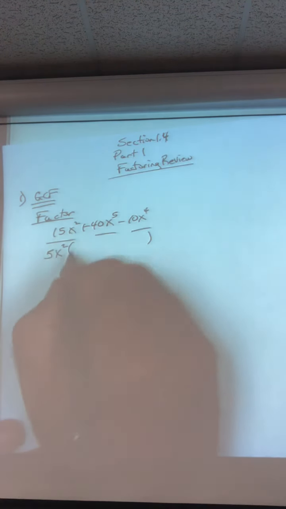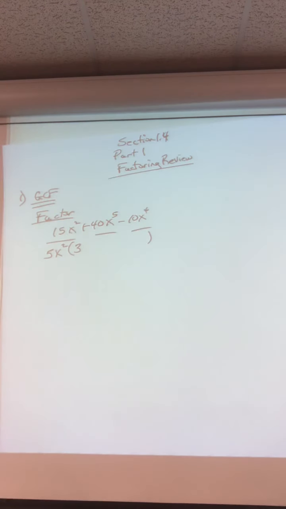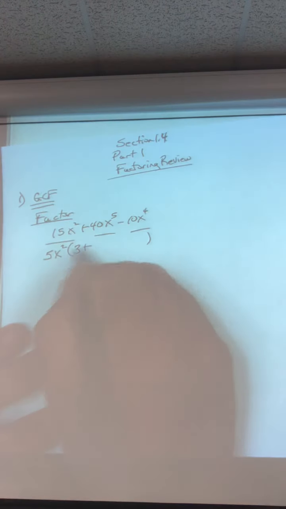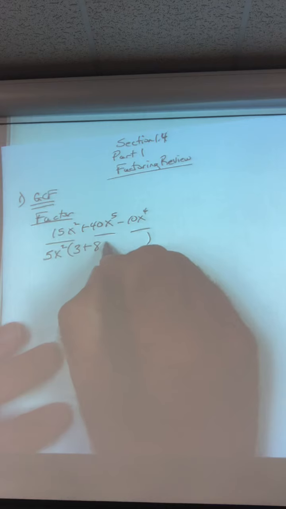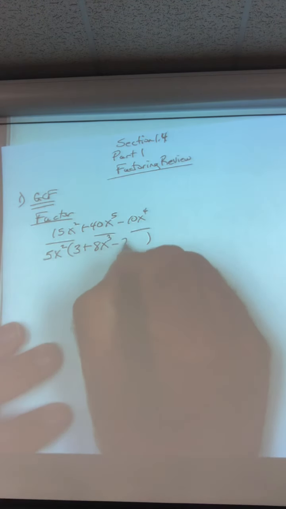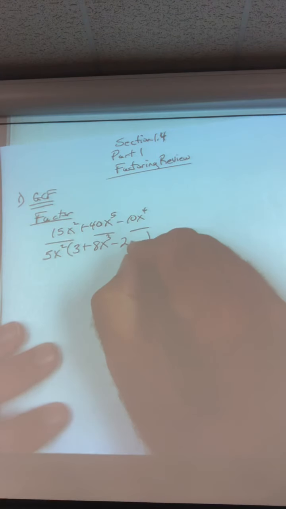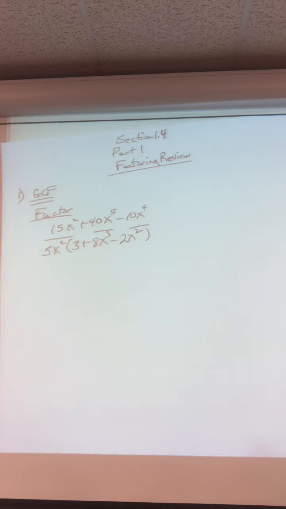So 5 into 15 would be 3. x squared into x squared cancels. Remember, you subtract exponents when you're dividing. Plus 5 into 40 is 8. x squared into x to the 5th leaves x cubed. And then 5 into 10 is 2. x squared into x to the 4th is x squared. Notice 2 things here.